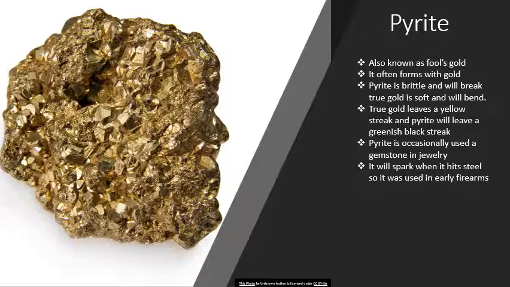True gold is soft and it bends. True gold leaves a yellow streak. Pyrite will leave a greenish black streak. Pyrite is occasionally used as a gemstone in jewelry. It will spark also when it hits steel, so it was used in early firearms.